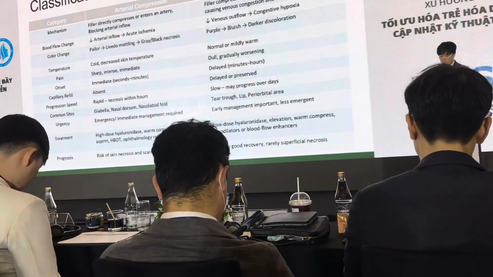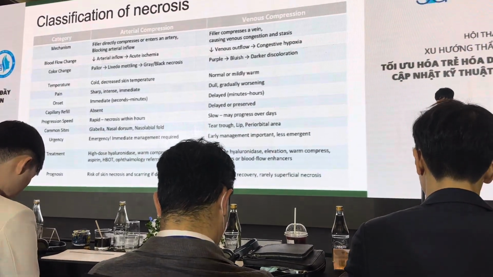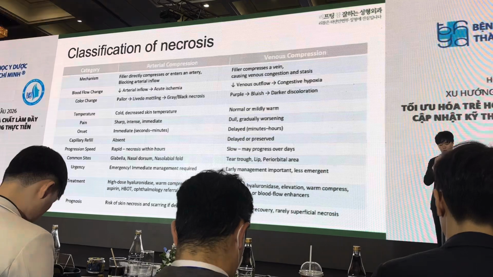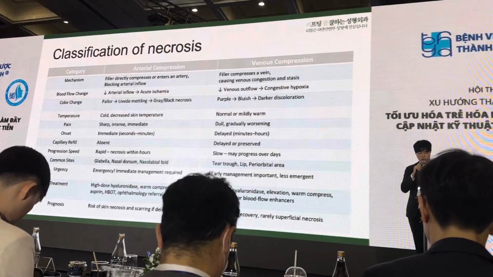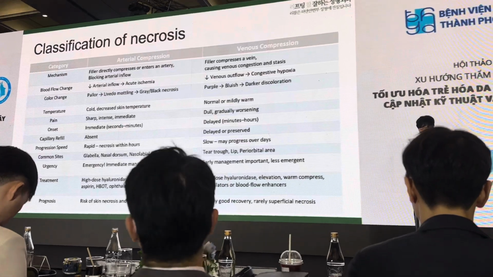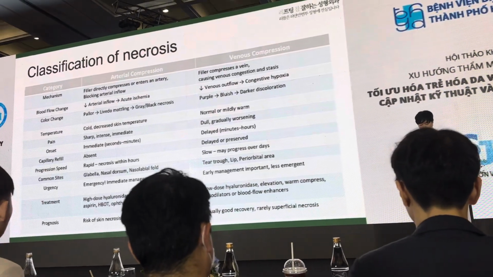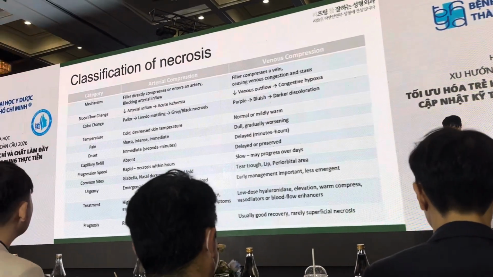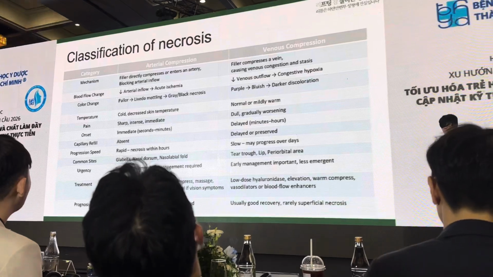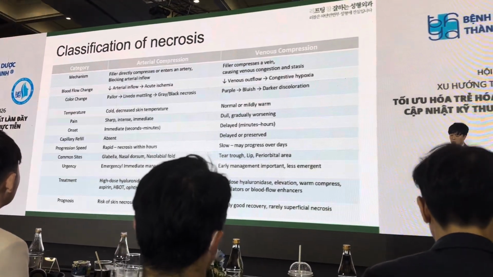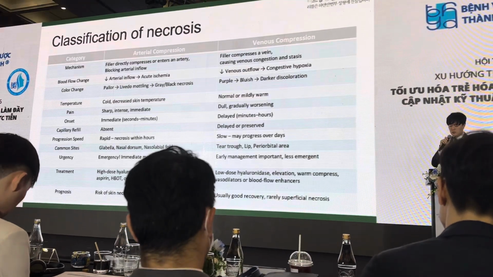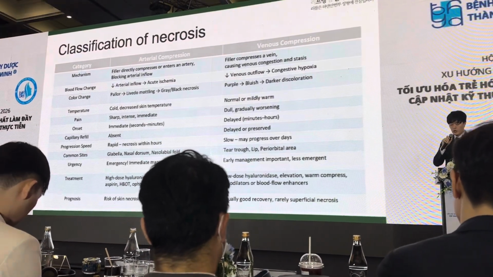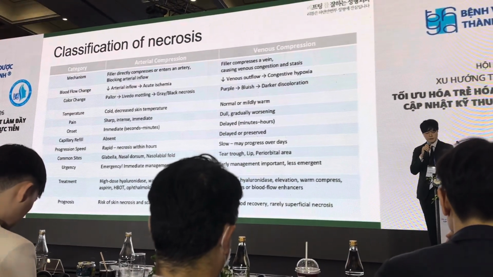On the other hand, venous compression shows a purple bruise-like discoloration with gradually worsening pain. In this case, capillary refill is delayed, and tissue change progresses more slowly compared to arterial occlusion.